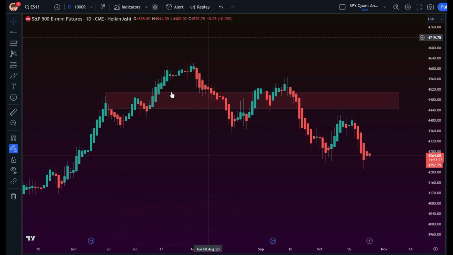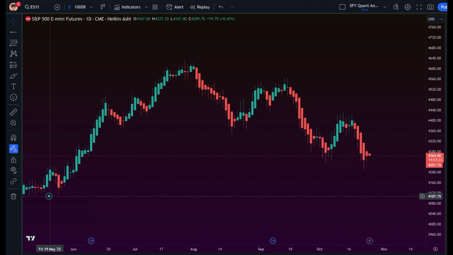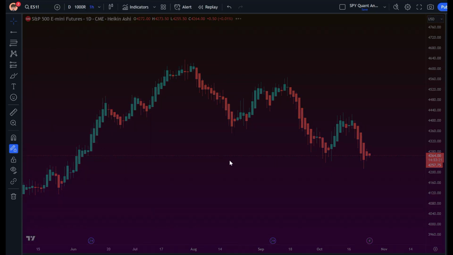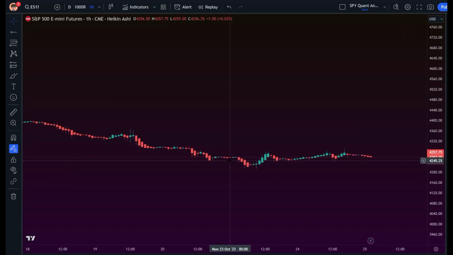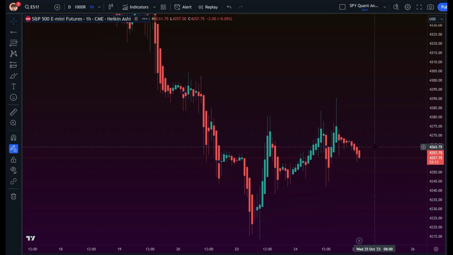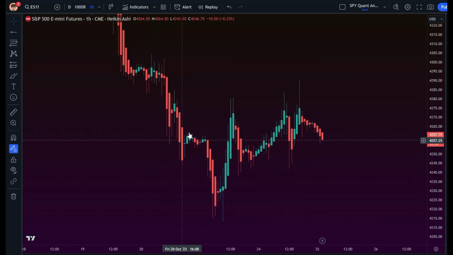So this is on the daily perspective. We can do it on the weekly perspective, the 1 hour perspective, really any time frame is acceptable to apply these strategies. It depends on what your time frame is. If you are a day trader, you're going to want to do it on the 1 hour. So if you're a day trader, you should be plotting out the past few days' worth of levels on the 1 hour.